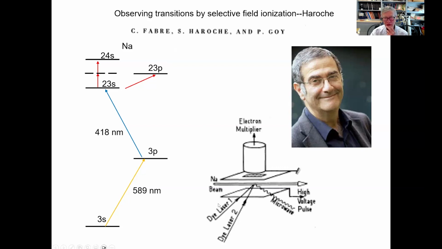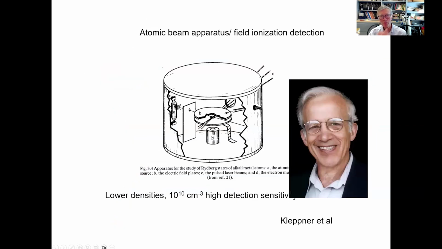And this was done in a beam. So they had a beam of sodium atoms crossed by these two laser beams, and also a microwave beam from the side, and then a ramp voltage was applied to the bottom plate. I'll come back to that in a second, but just to give you a better picture of what this looks like, all of that shown in the previous slide is encased in a vacuum can, and their source of oven is a small stainless steel tube with a hole in it that they heat.